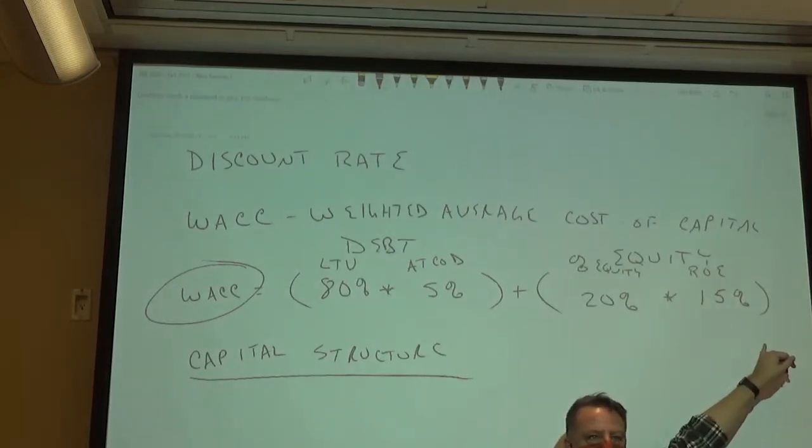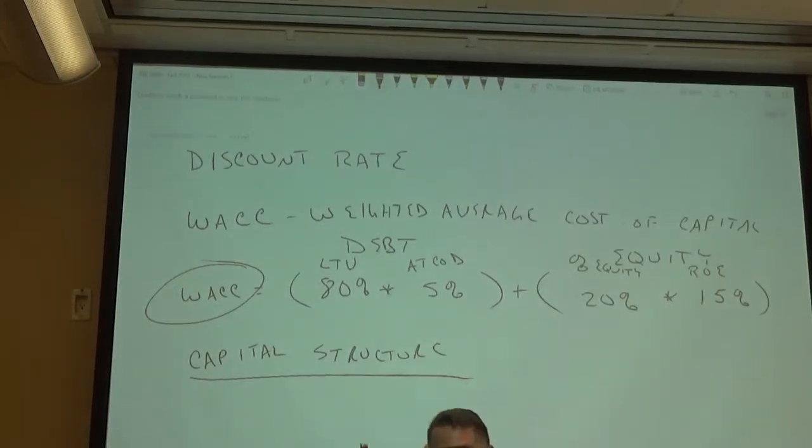Does that make sense to everybody? Now, once again, if you just think about this without actually doing the math, my overall weighted average cost of capital is going to be what? Higher than 5%, lower than 15%. It's got to be.